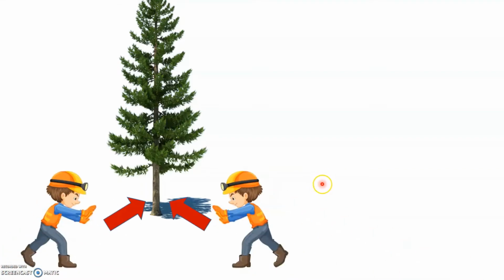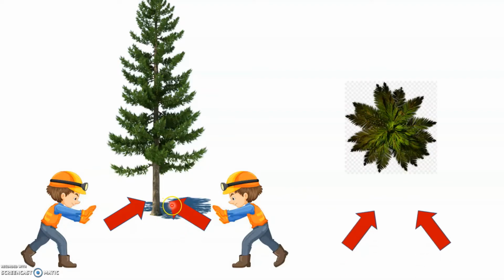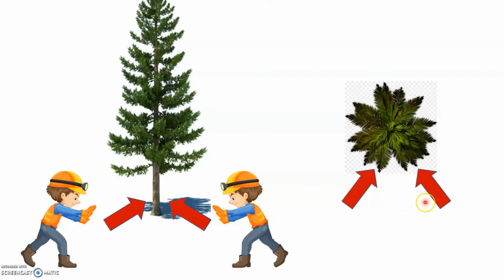So we have two guys here putting their pressure on this object, which is a tree, and it's in this direction. So that's their line of action. When the line of action is in this direction, we know by common sense which direction the tree will fall. Can you tell me?